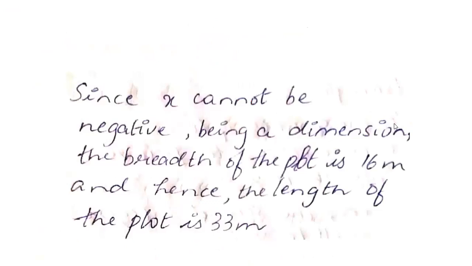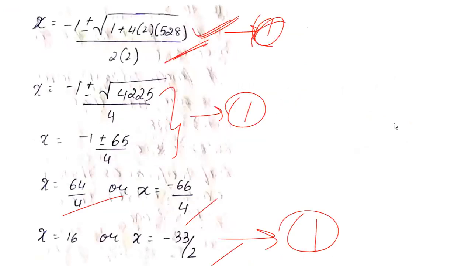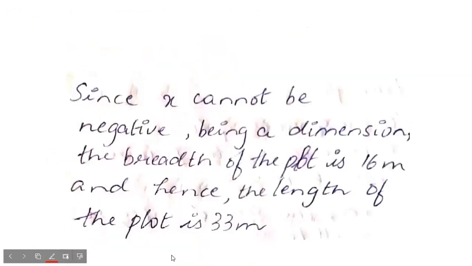Since x cannot be negative, here we have got a negative root. Since x cannot be negative, being a dimension, the breadth of the plot, okay, here there is some writing mistake, so I will write it on the top.